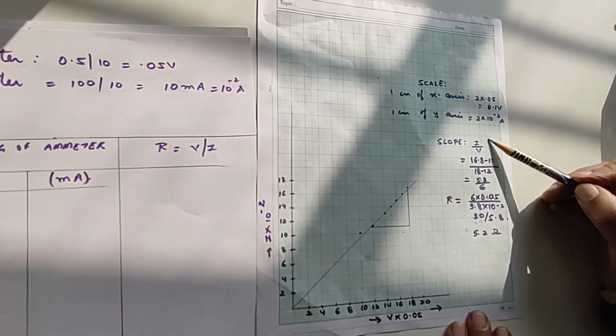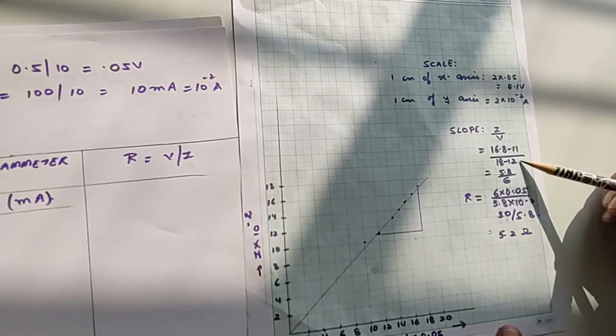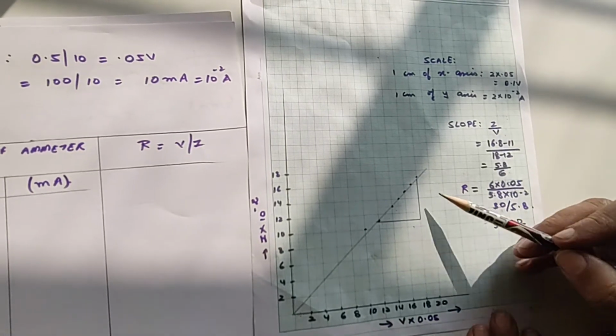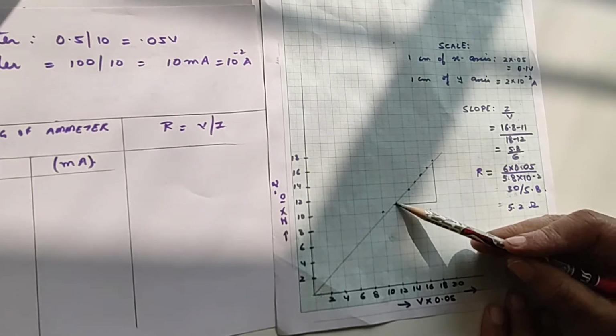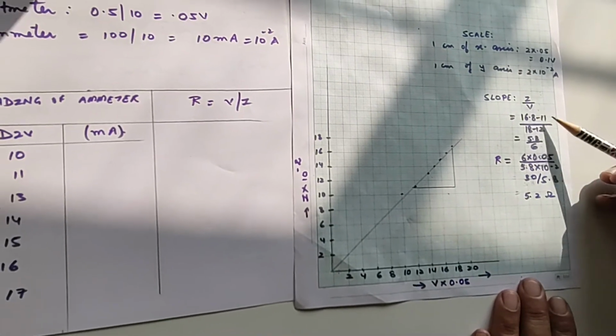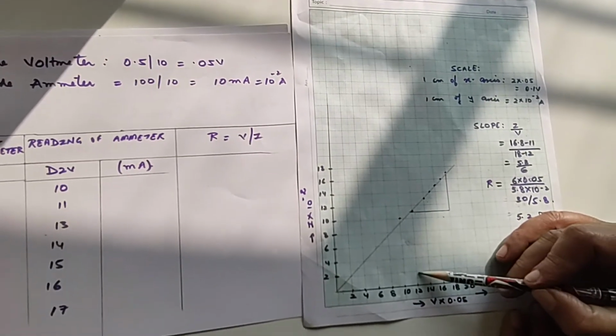And then I have taken the slope, and you can see that the slope will give me I by V. Again I have taken your I, you can see that this is my 16.8 and this corresponds to my 11. So 16.8 minus 11, and this corresponds to my 12.